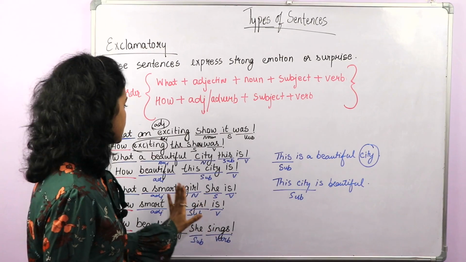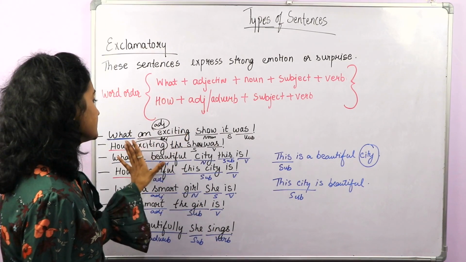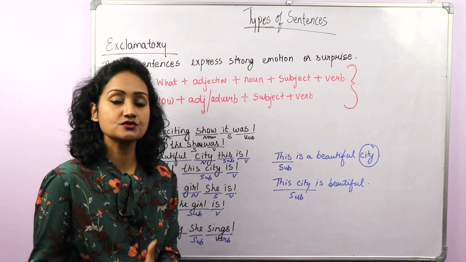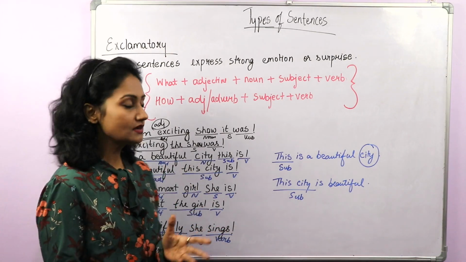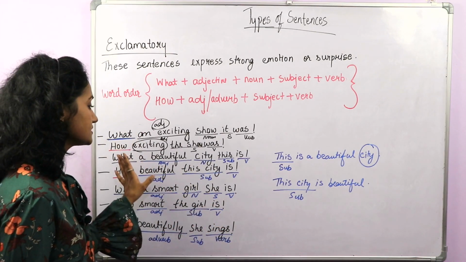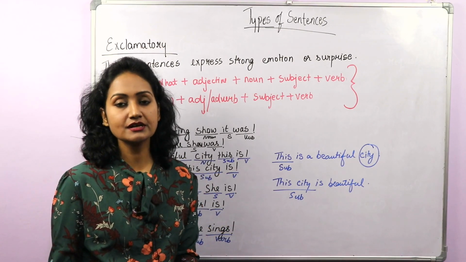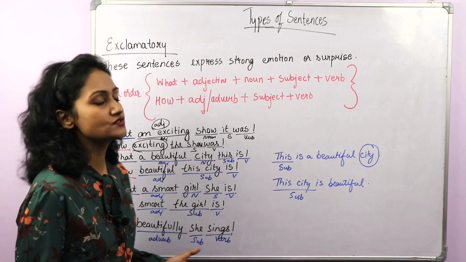These kind of sentences, when we use what and how: the word what is used to enhance the expression, okay, what you want to say basically. So it enhances the expression, and the word how is used to strengthen the expression. Okay, so that's why we use what and how in exclamatory sentences.